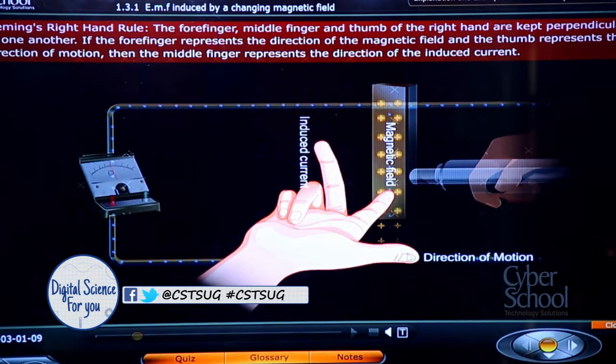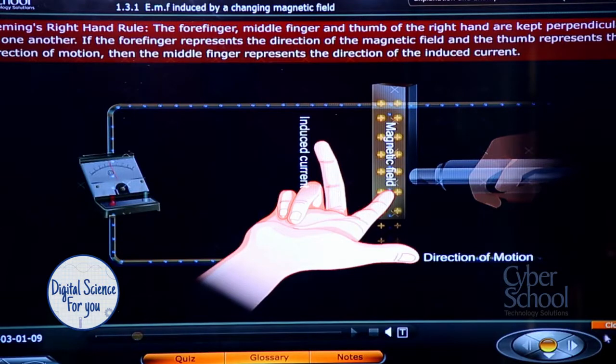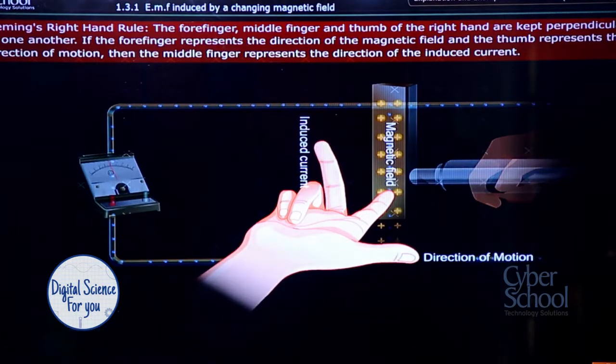The field is represented by the first finger, and the induced current is represented by the second finger. When those three are mutually placed at right angles, then the induction of the current will be done as long as the coil is moving and cutting the field lines. That is the concept that we are using there.